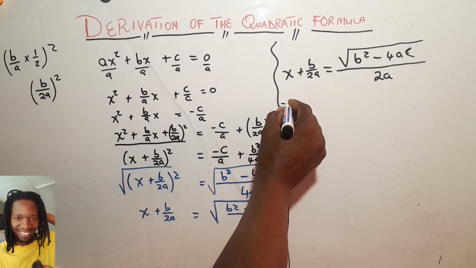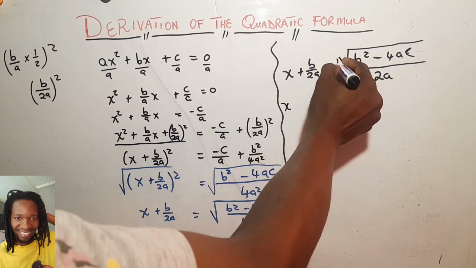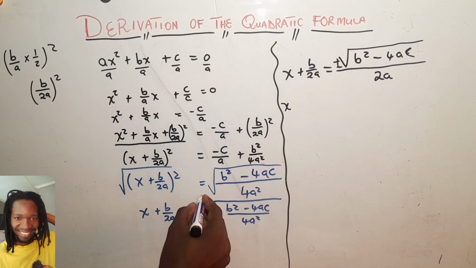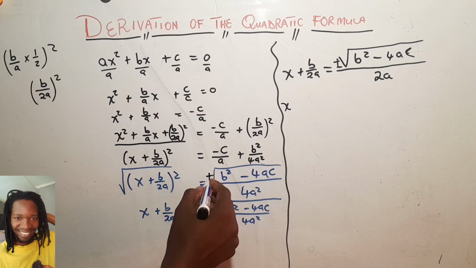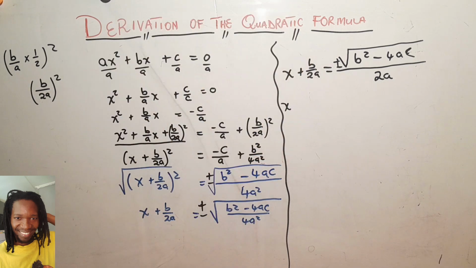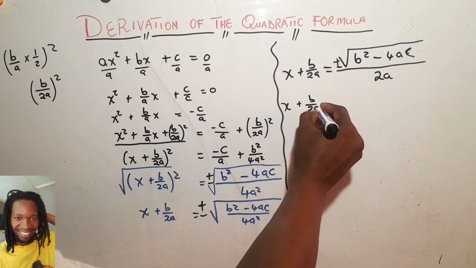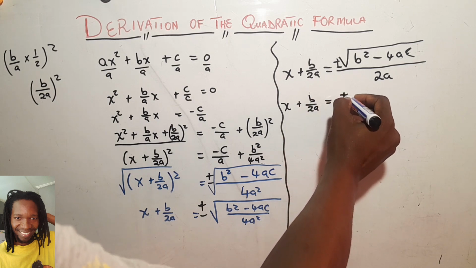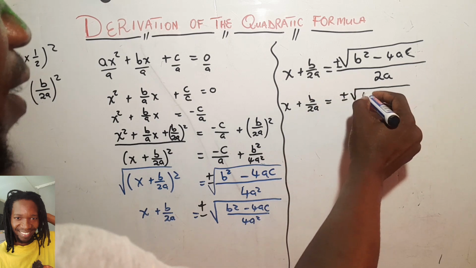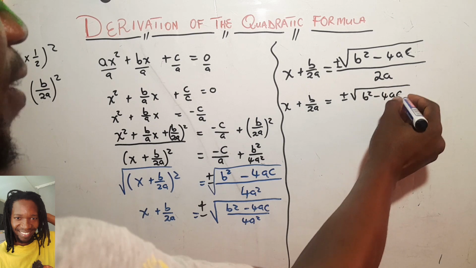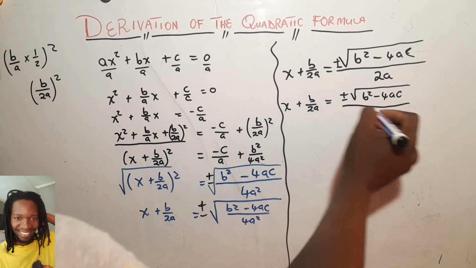And this our x, so this will become plus or minus, since it is the square root of something, it is a plus or a minus, right? So that's plus or minus. So our x plus b over 2a is simply plus or minus the square root of b squared minus 4ac all over 2a.